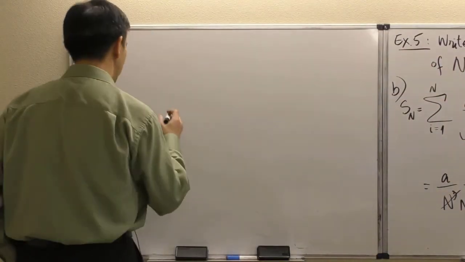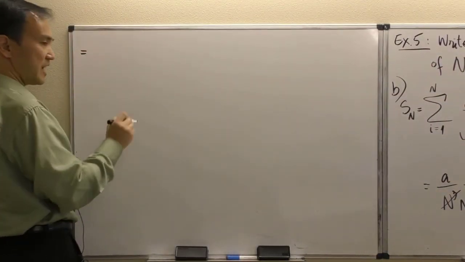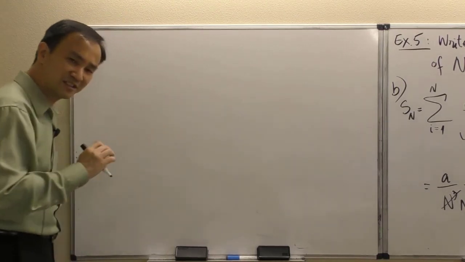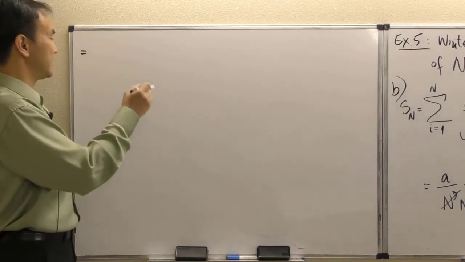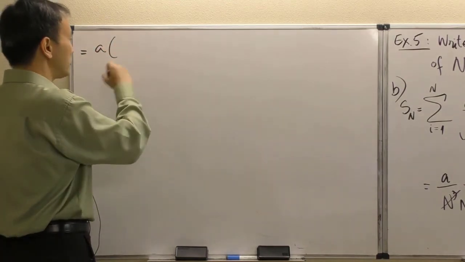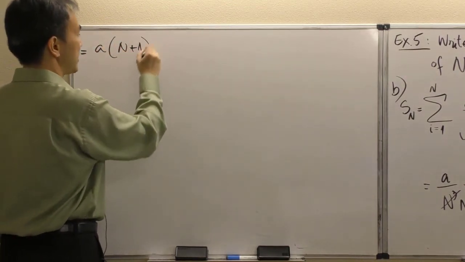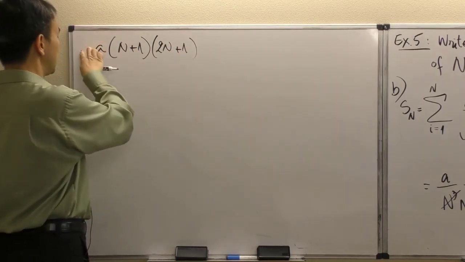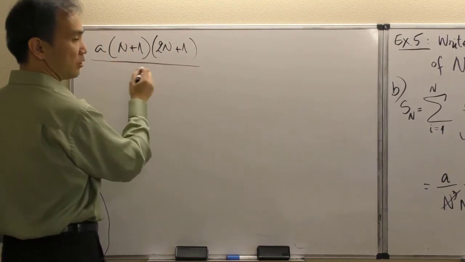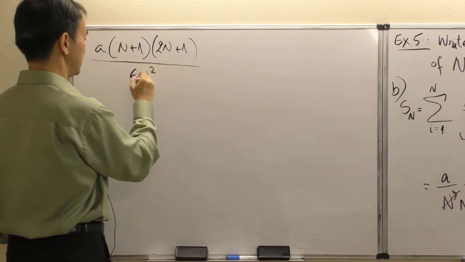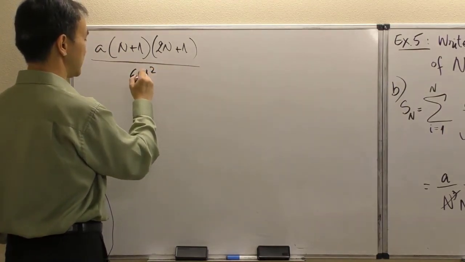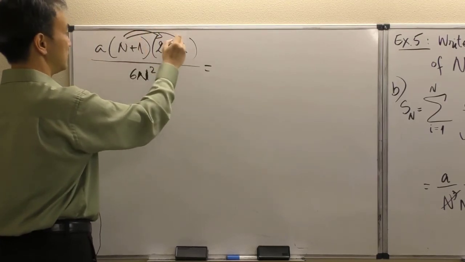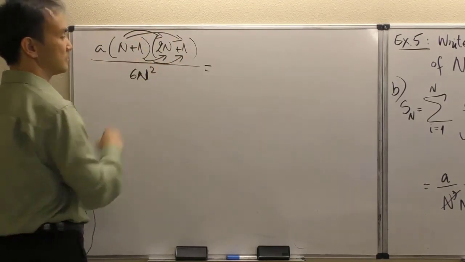Back to what I was saying in the middle. In case anyone is unsatisfied with the final answer currently expressed on the other board, we can now FOIL it out. Let me rewrite what we had from the other board: this is what we currently have, over 6n squared. Then we can advance further by FOILing out those two factors.